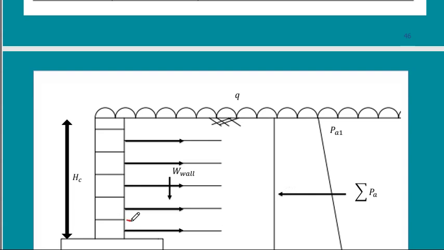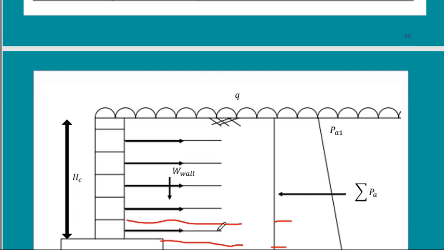The facing is carrying from here to there. This is my stress that is affecting this facing, so I need to design a strip that would carry this amount of load. How to design it? Based on the friction between the strip and the soil, and I design the length of the strip.